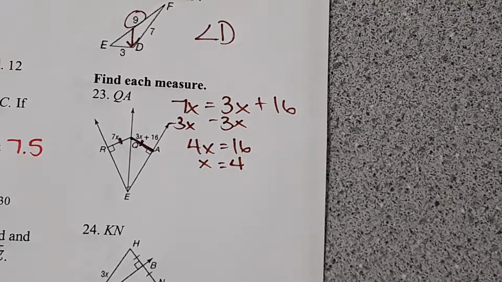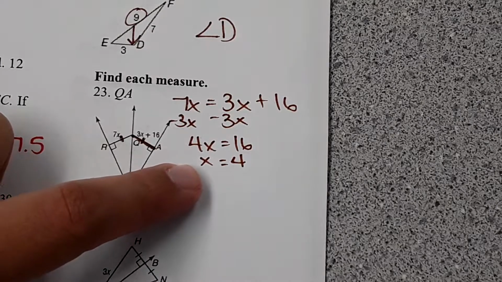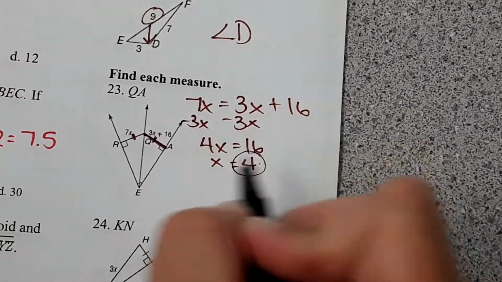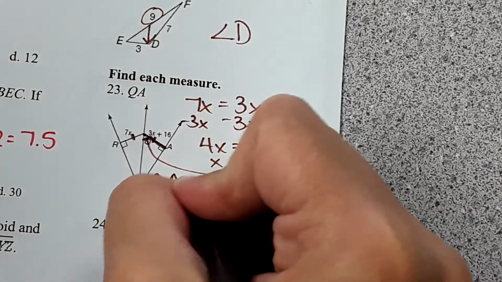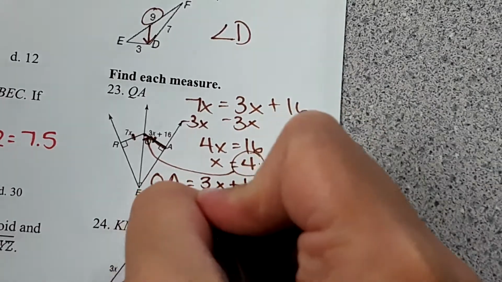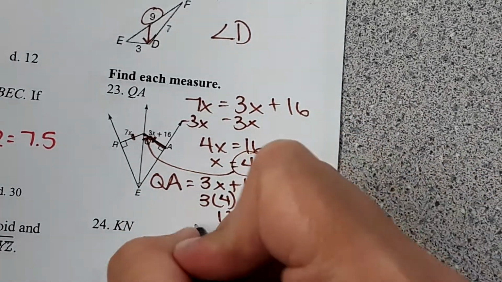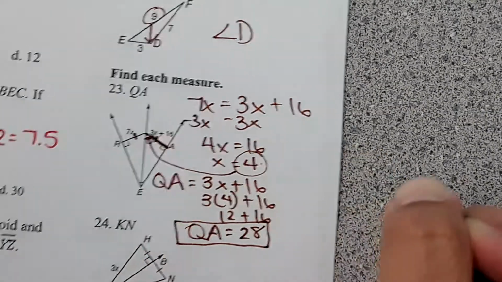And so many students, including myself, go and choose 4 before they're actually done with the problem, so be careful of that. You need to then take this 4 and plug it back into the expression. QA is equal to 3x plus 16, so 3 times 4 plus 16, 12 plus 16 is 28. So QA equals 28, and that would be the correct answer to that.